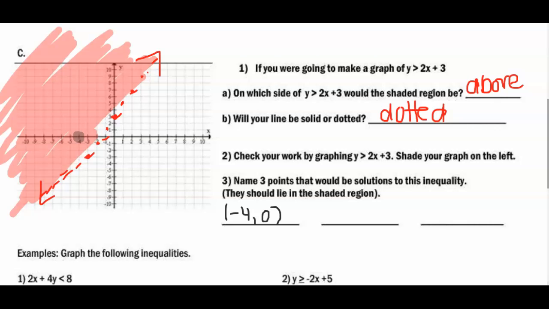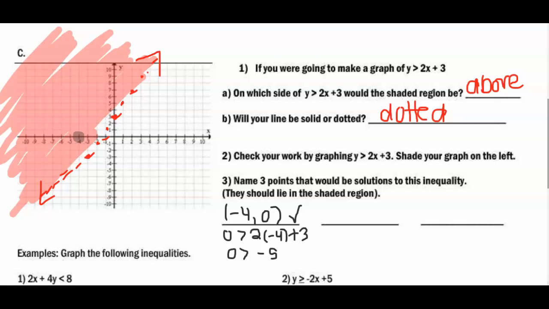So if you plug that in, you get 0 is greater than 2 times negative 4 plus 3. So 0 is greater than negative 8 plus 3, which is negative 5. Is 0 greater than negative 5? Heck yeah, so that's true. It checks, so we're happy because it's in the shaded region.